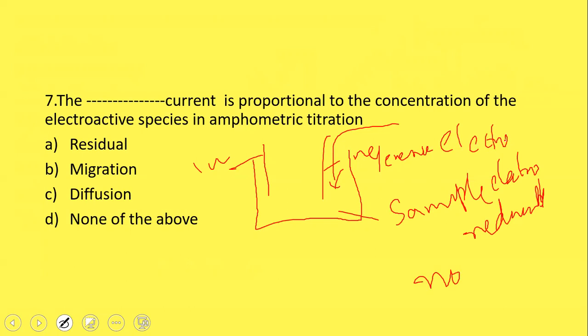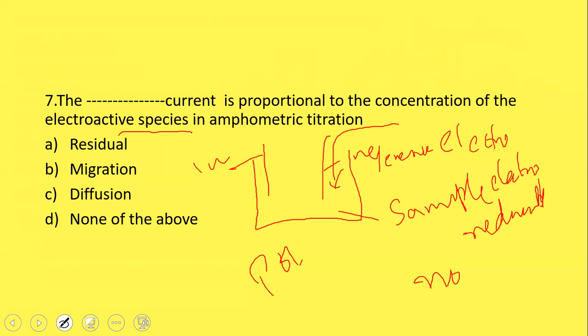So when a potential corresponding to the limiting current is applied, the galvanometer shows a deflection. Okay. The current is proportional to the concentration of electroactive species in the amperometric titration.